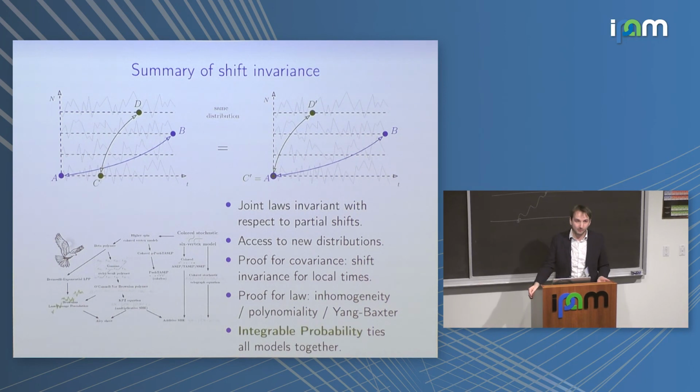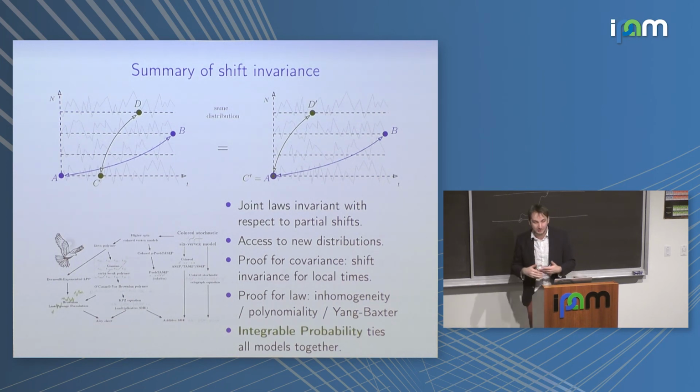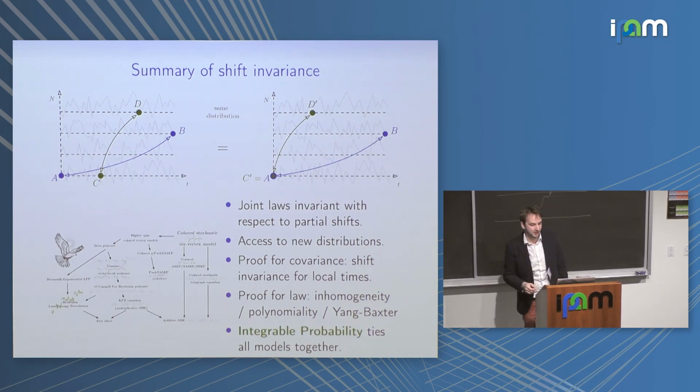Now, if you want the proof for covariances, then we can link it to the invariance of the local time of Brownian bridge with respect to shifts. But if you want the full proof for the law, then you need to follow a more complicated path of introducing inhomogeneities and then proving a polynomial equation by checking it at enough points using the Yang-Baxter relation.